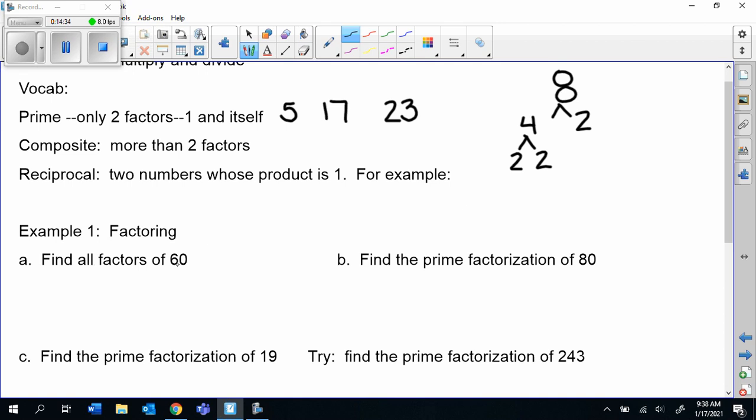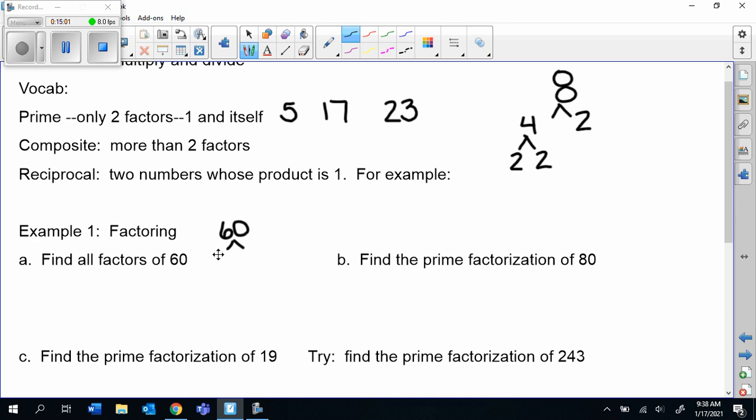Finding the factors of 60 is what are all the numbers that go into 60. Factoring is a huge skill for both this course and your next course. So the more familiar you are with just knowing those basic multiplication tables and not relying on a calculator, I would highly encourage you to get some of those things memorized and in place.